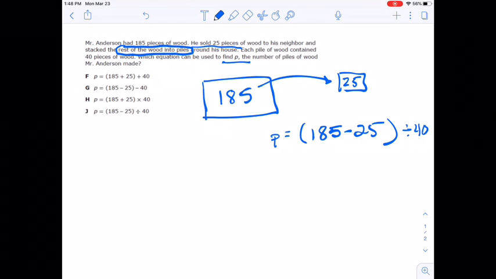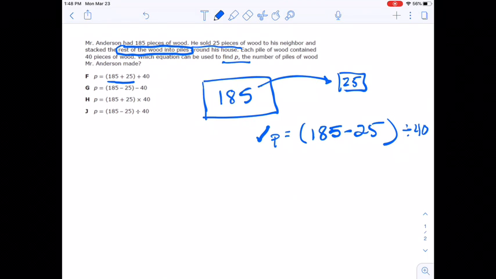So now knowing this, let's look at our answer choices. 185 plus 25 plus 40. Let's think about why this equation couldn't work. If we know our equation is correct, what's wrong with this one? Let's look right here. 185 plus 25. Why can't that work?